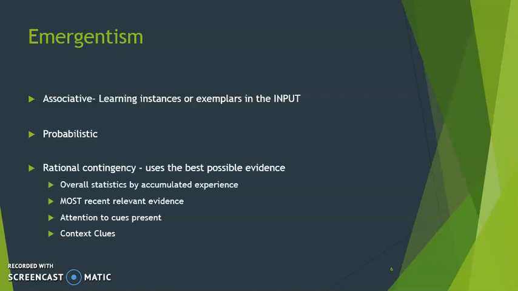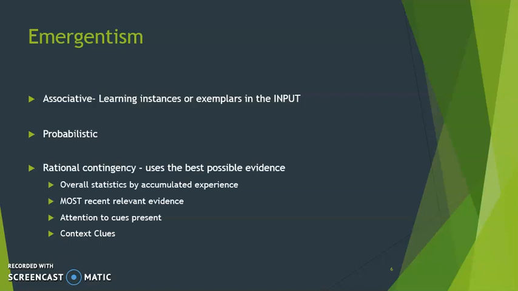So we're going to use overall statistics based on our experience of, how many times have I heard this word in this context versus that context. We're going to use also the most recent relevant evidence. And so if we've seen an example recently a lot, that's probably going to help us decide what to do.